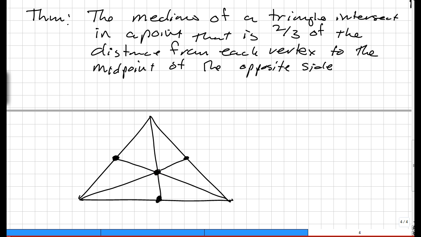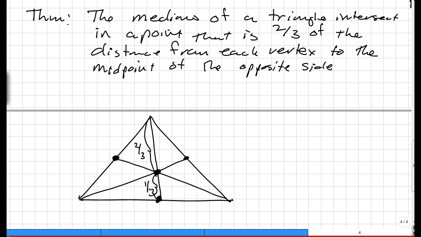And so what the theorem says is from the vertex to this point, that is 2/3 of the distance from the vertex to the midpoint. So this distance from the vertex to the concurrent point is 2/3, and then this distance is another 1/3.